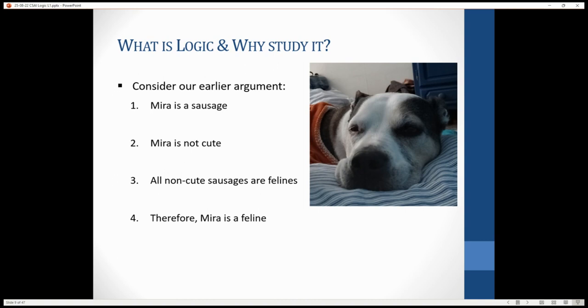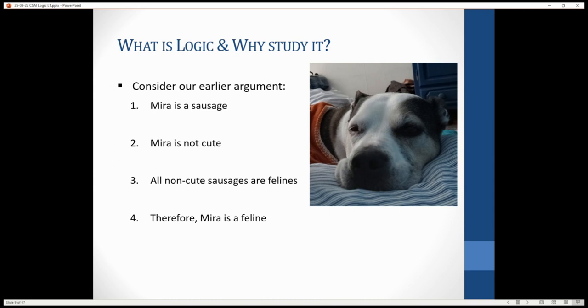So let's talk a little bit about validity. You got the basic idea, so let's run some tests. Here's the argument we saw earlier. What do we think? Valid, invalid? Why? Because if all the premises are true, then the fourth conclusion would also be true.